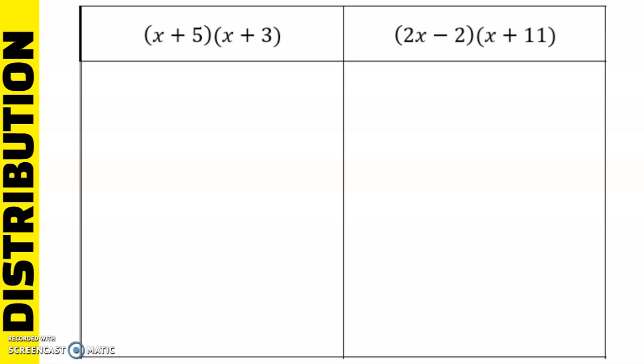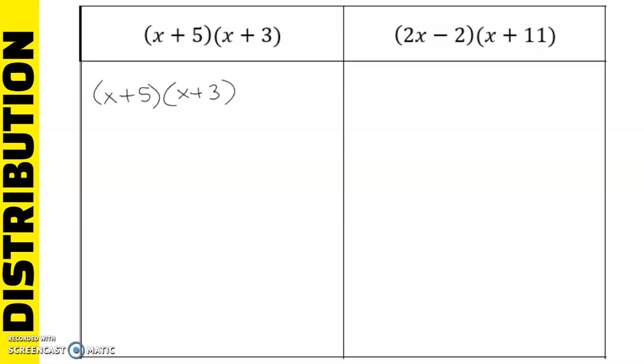All right, so when we have distribution, we're just going to start with it exactly how it is. You need to multiply everything in one parentheses times everything in the other. Do not multiply inside the same parentheses. Everything in one parentheses times all the stuff in the other parentheses, all the other terms.